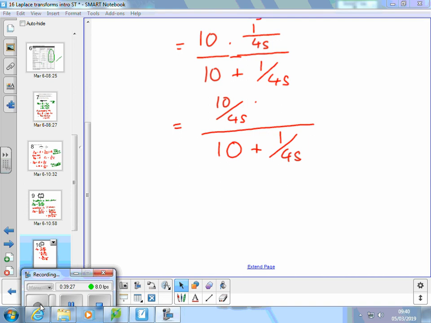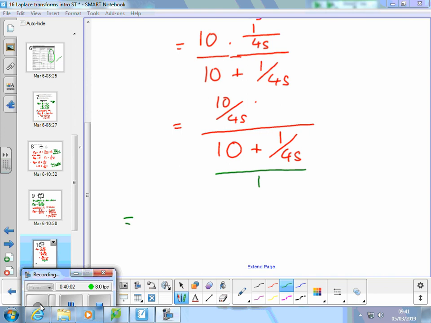Let me try and explain how I see it. Do you all agree we could write that bottom line as a fraction over 1? Now how do we divide one fraction by another fraction? We turn the denominator fraction upside down and multiply.